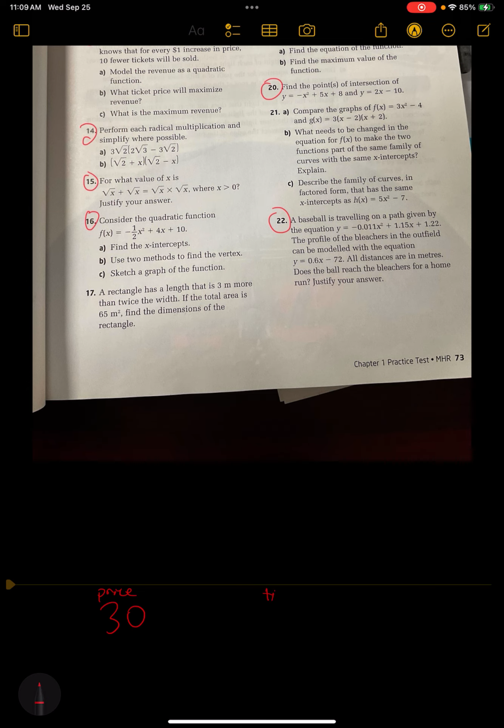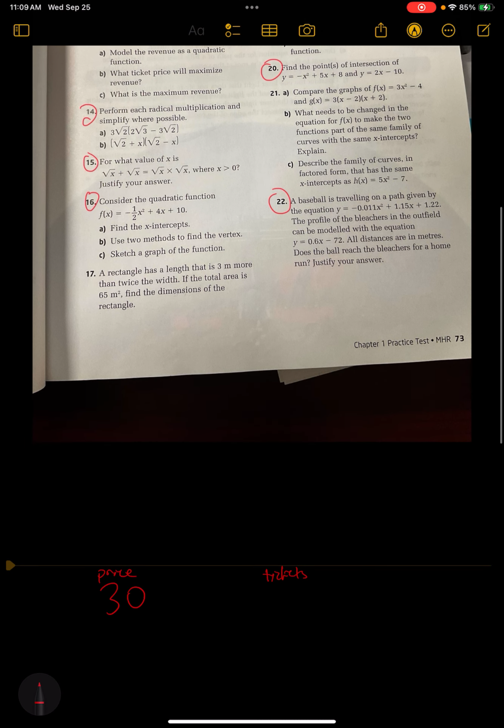We'll sell tickets. How many tickets will we sell? It says 500 tickets. And then revenue is just based on 30 times 500.